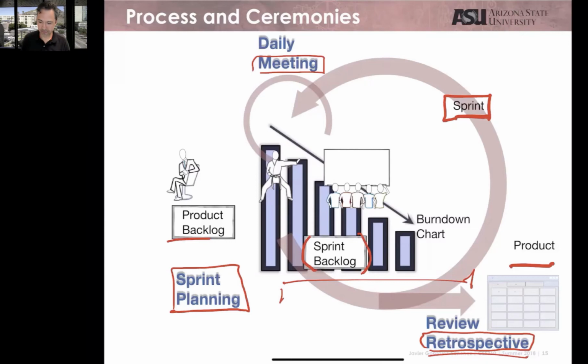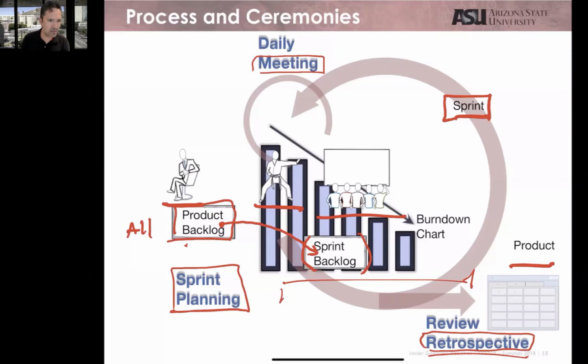And the product backlog, everything that you have, all the requirements that you know. And remember, this is everything that you have. And from here, you're going to take something and put it here, like a subset. And you have these guys, the master, the owner, and everyone else.